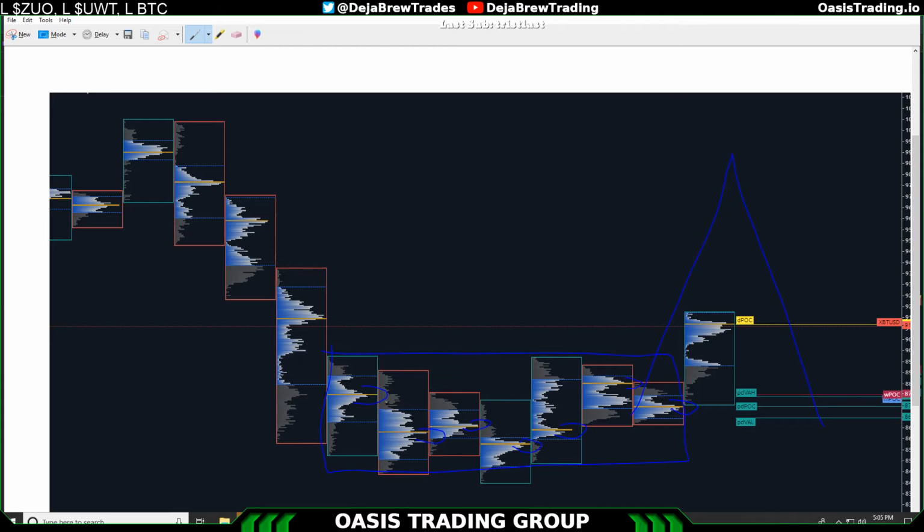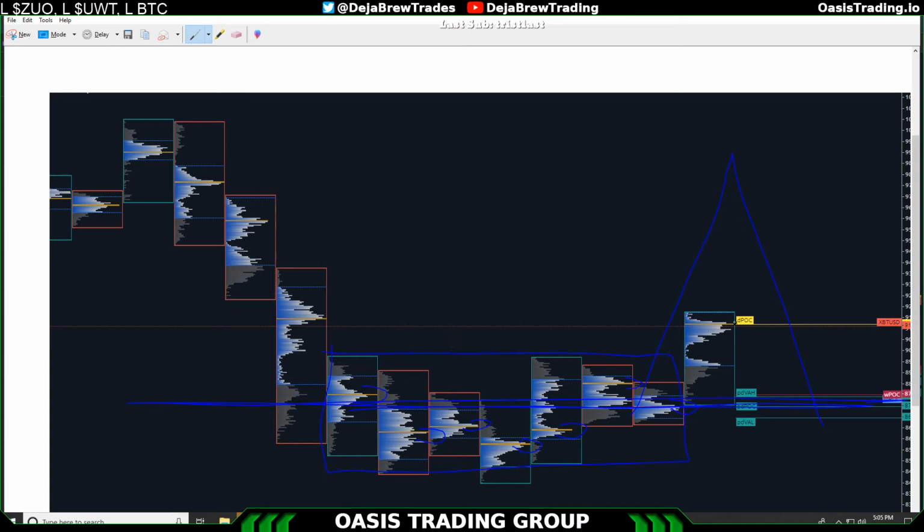And typically if you go to a weekly chart or something, it will do that for you. But let's just eyeball it here and say that the average POC is around this area right here. I can't see it, but it's like 8,800. That's going to be our average value of this accumulation, okay?